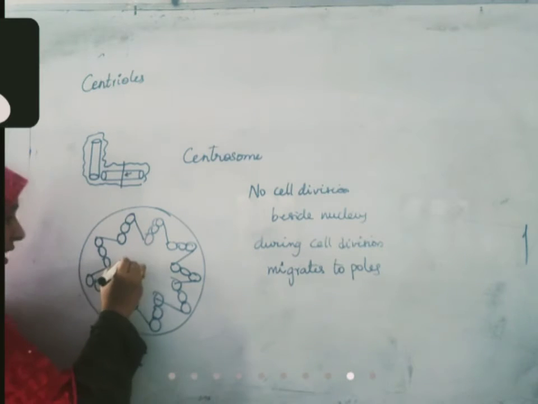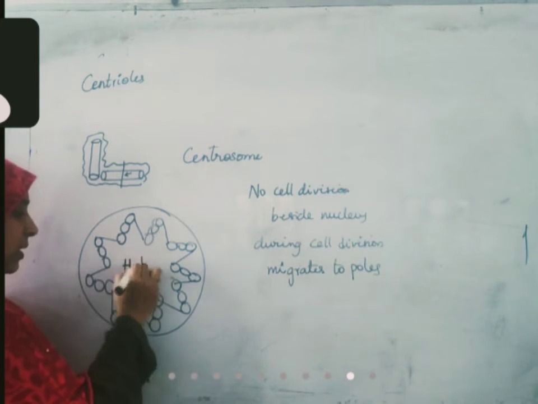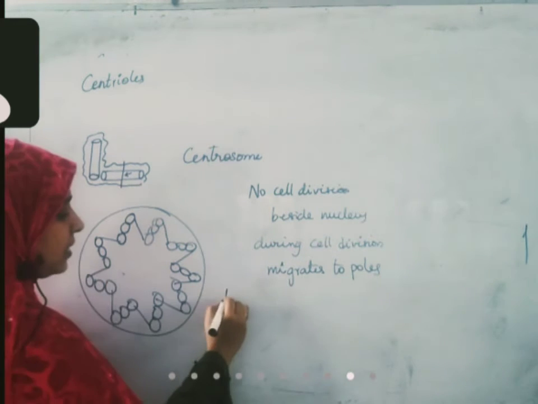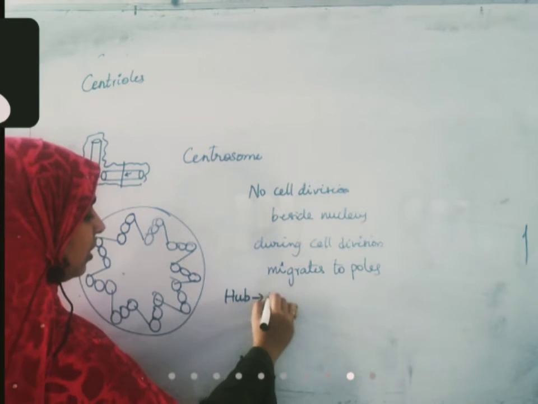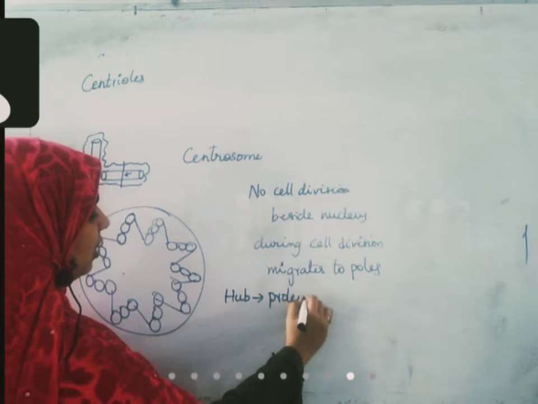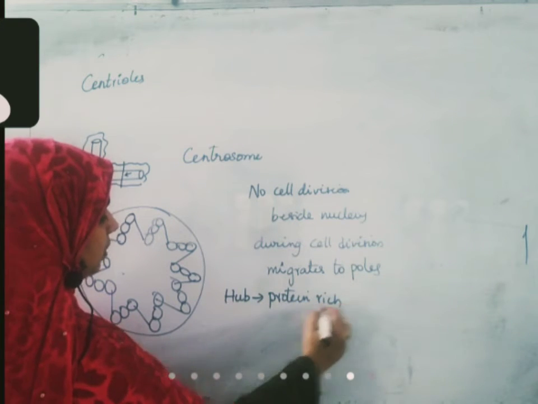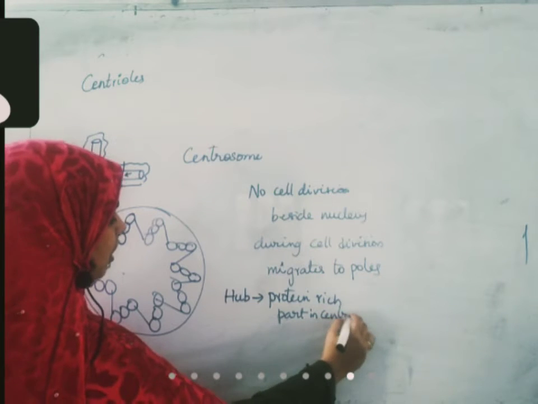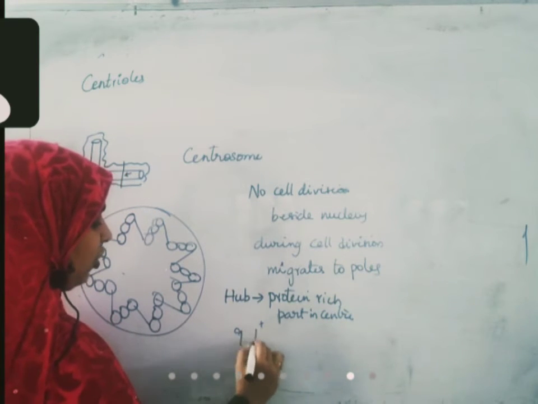And the proteinaceous, protein-rich part that is present in the center is called the hub. Okay, the hub is a protein-rich part in the center plus 9 triplets.